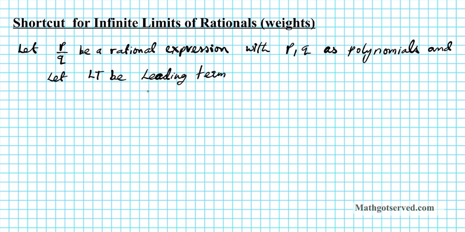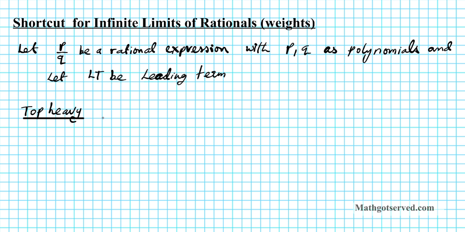All right, so now there are three cases you want to keep in mind. Okay, the first one is top heavy. Top heavy is the case you have when the numerator has a greater degree than the denominator. Basically, the power of the leading term on top is bigger than the power of the leading term on the bottom.